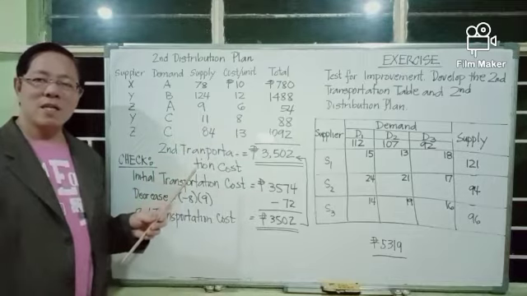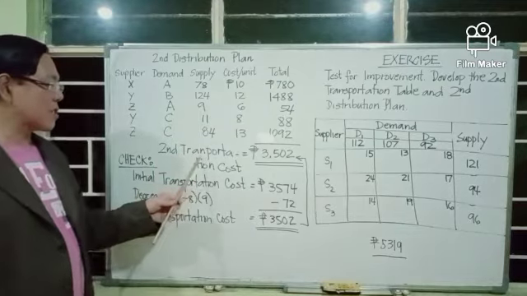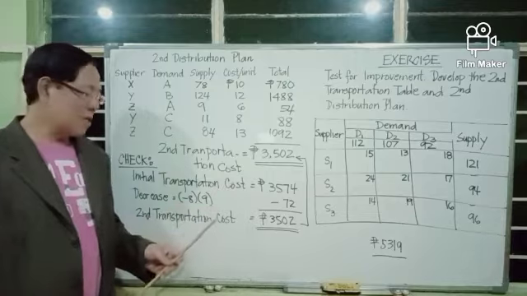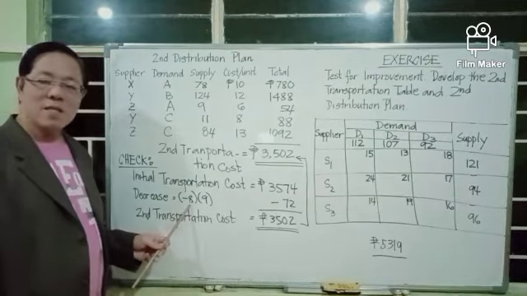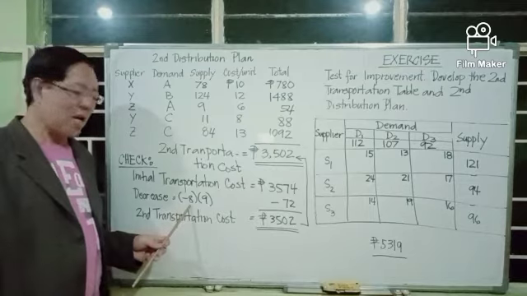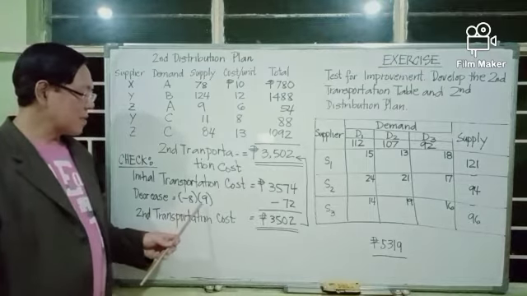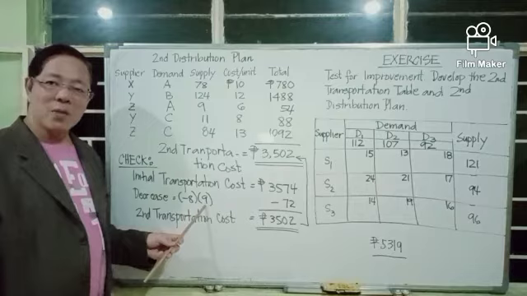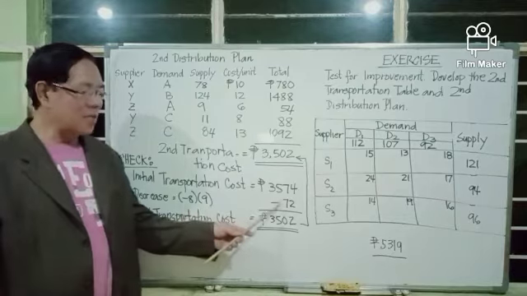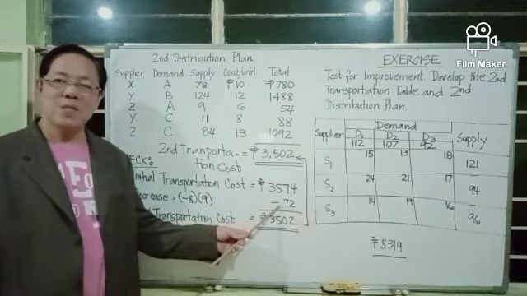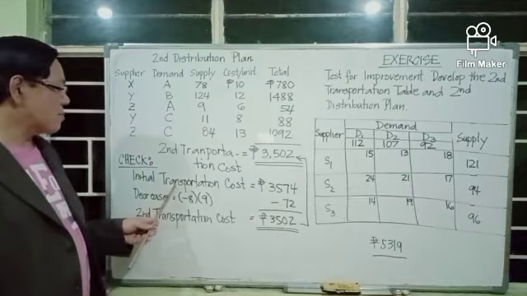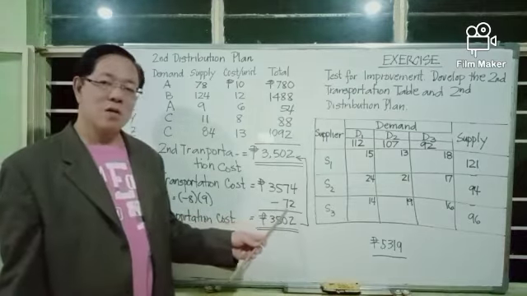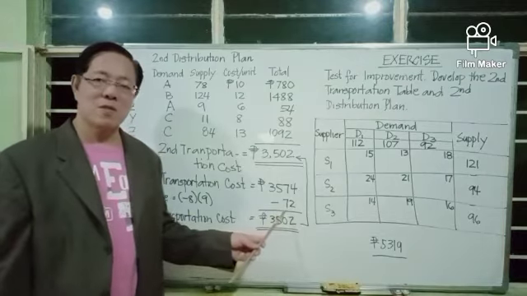The decrease in the total transportation cost is 8 pesos per unit, and we transferred 9 units, so the total decrease in the initial transportation cost should be 72 pesos.